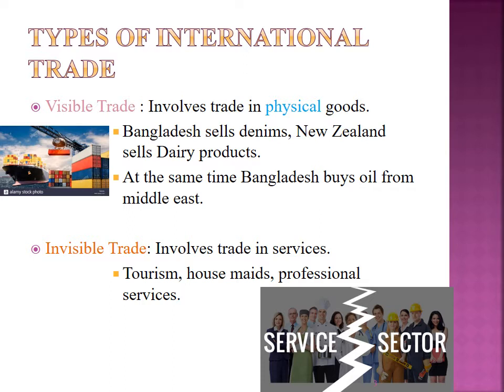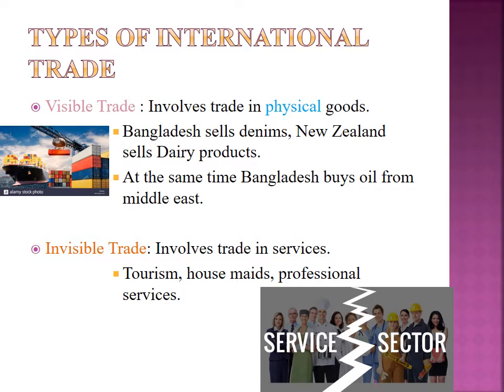Here I have given you two examples. If Bangladesh sells their denim and purchases oil from the Middle East, that is international trade, because Bangladesh is selling its production and purchasing its requirements from other countries.